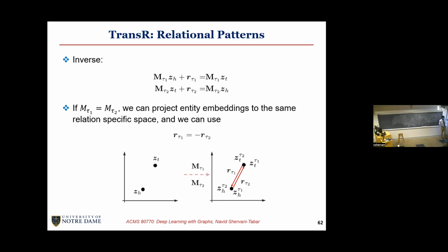So if I want to represent the inverse logical pattern using trans-R, I should first learn the same projection matrix for both types tau 1 and tau 2, which are inverses of each other. And then we can do it just the way we did using trans-E. We have some relational embedding for tau 1, which is the negative of the relational embedding for tau 2. And that way we can represent the inverse relation between two different entities.